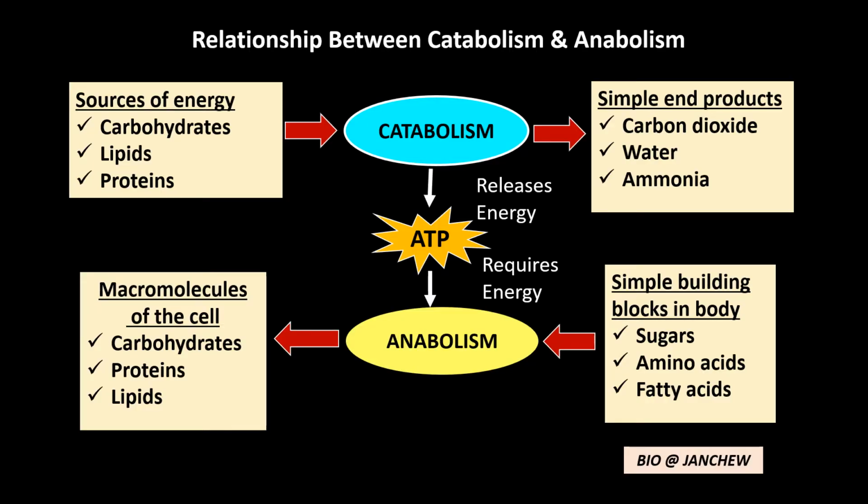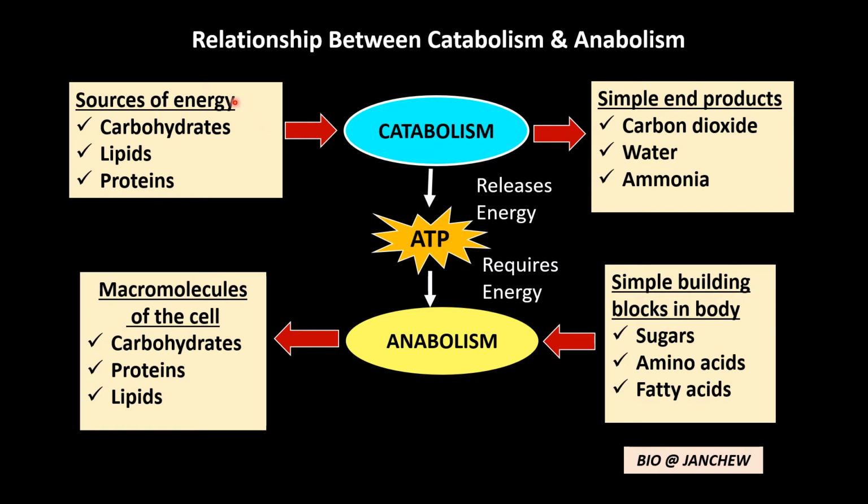This diagram shows the relationship between catabolism and anabolism. In catabolism, complex compounds such as carbohydrates, lipids, and proteins in the body are broken down to produce the simpler end products such as carbon dioxide, water, and ammonia. And energy is released, which is used to synthesize the ATP, which is an immediate energy store.